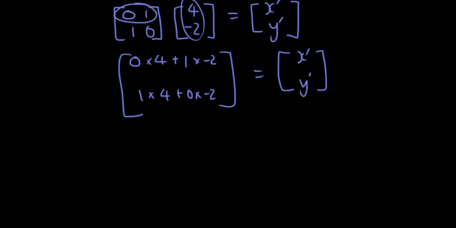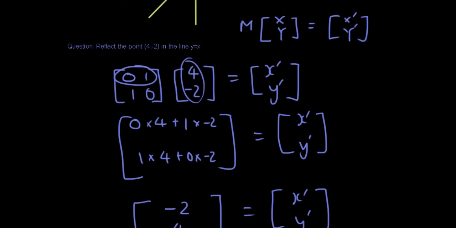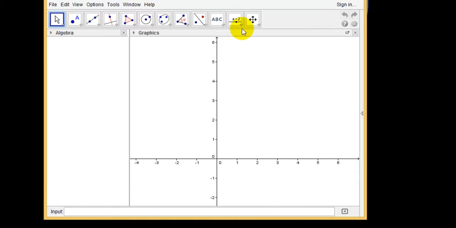So then the answer is just -2 and 4 equals x dash, y dash. And now let's show you guys the result on GeoGebra. So we have our original point 4, -2, so let's plot that point.